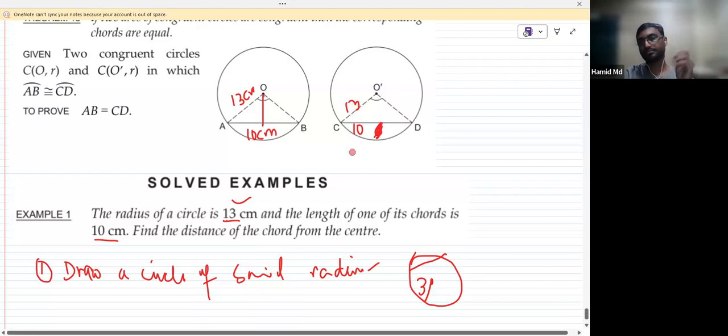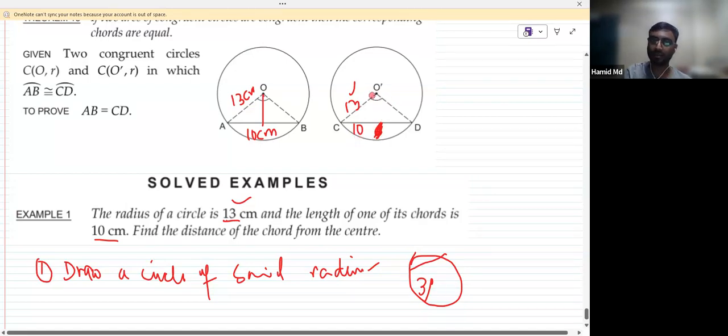The radius of your original circle is 3 centimeter, you forget that. You make that radius 13 centimeter and write it like that. Cheat with your calculation. The 3 centimeter is now 13 centimeter, and your 6 centimeter is 10 centimeter.